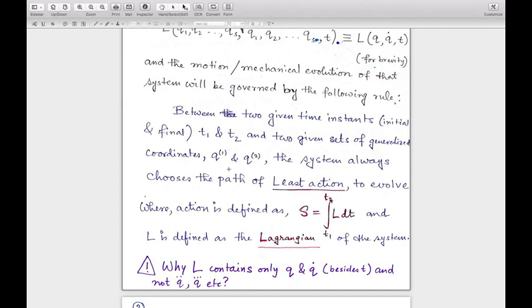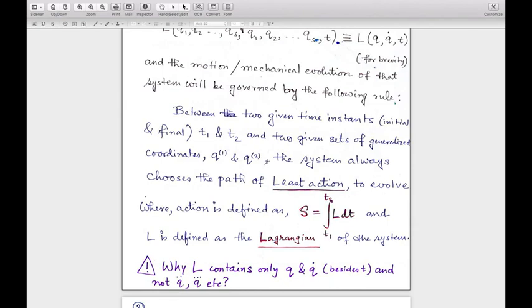Here I am saying two given sets of generalized coordinates, but there can be a number of sets. Traditionally it is said that it will always choose the least one.